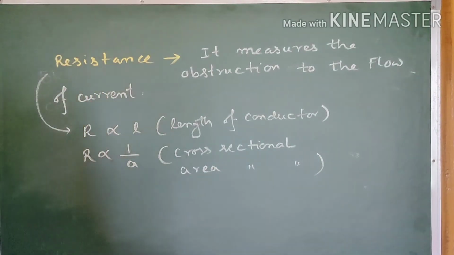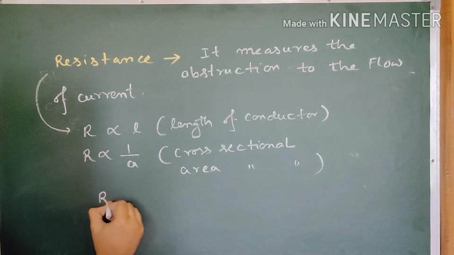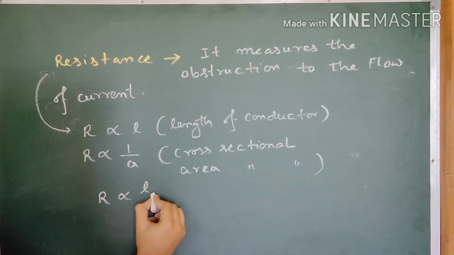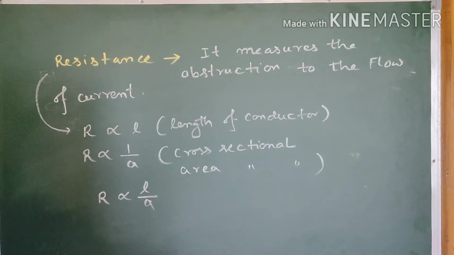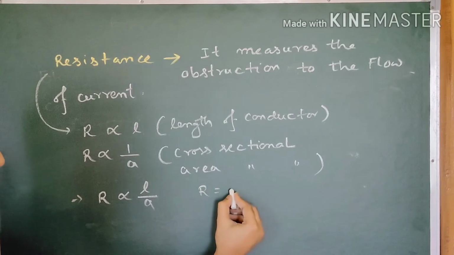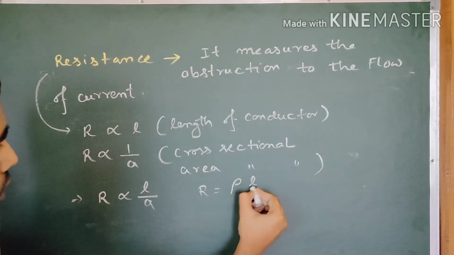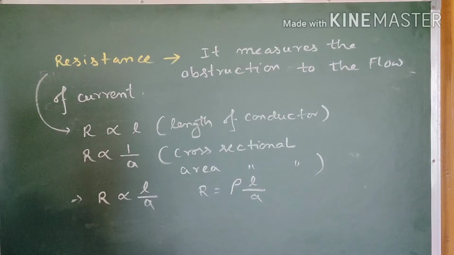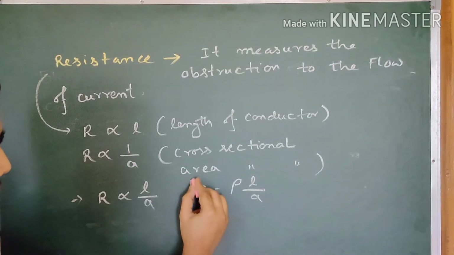So if I combine both of these, I will be able to write R is proportional to L by A. And to remove the proportionality, it is written R is equal to rho into L by A, which is a new term for all of us.